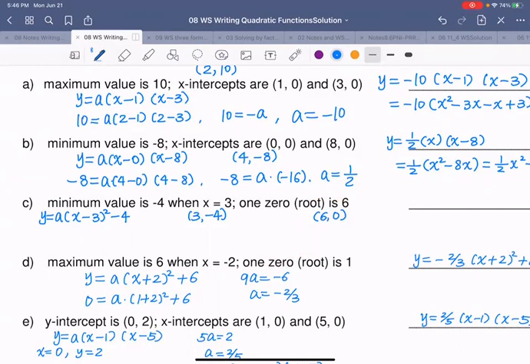0 equals a times (6 minus 3) squared minus 4.